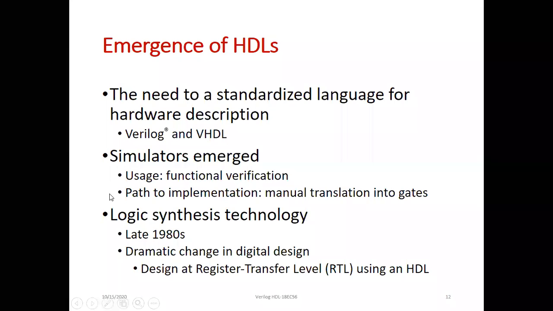Why do we need to simulate? With simulation we can cross-check whether the circuit we designed gives the right response to our given input. For that purpose we need simulators. At the same time, it can be the path to implementation also, like manual translation to gates.